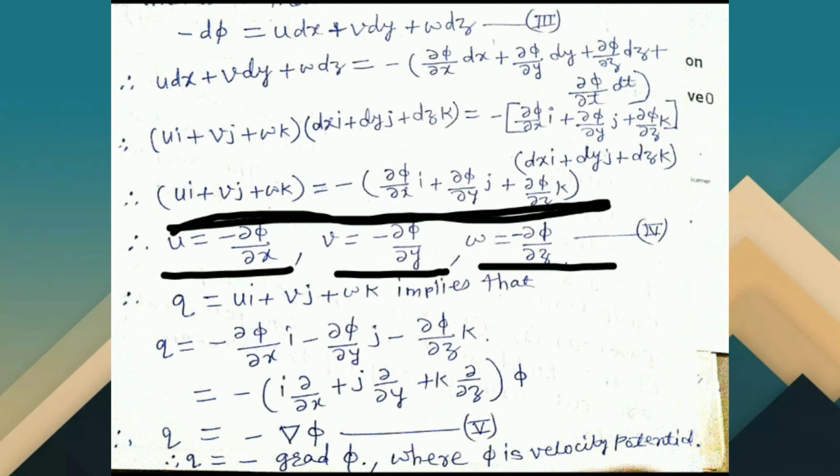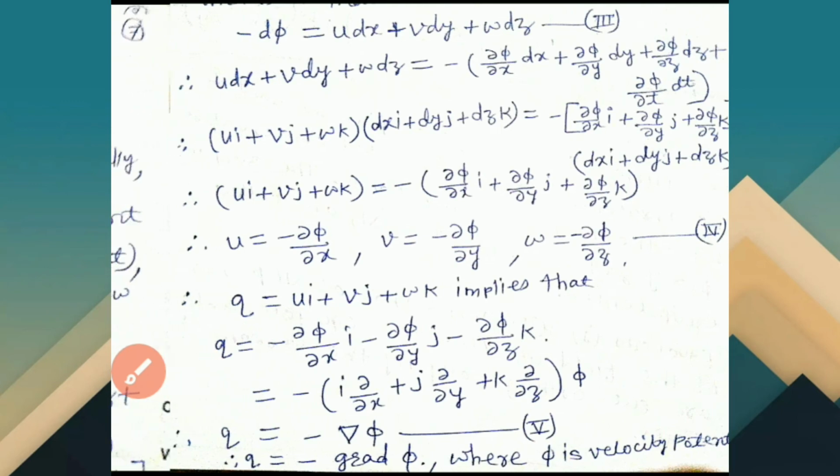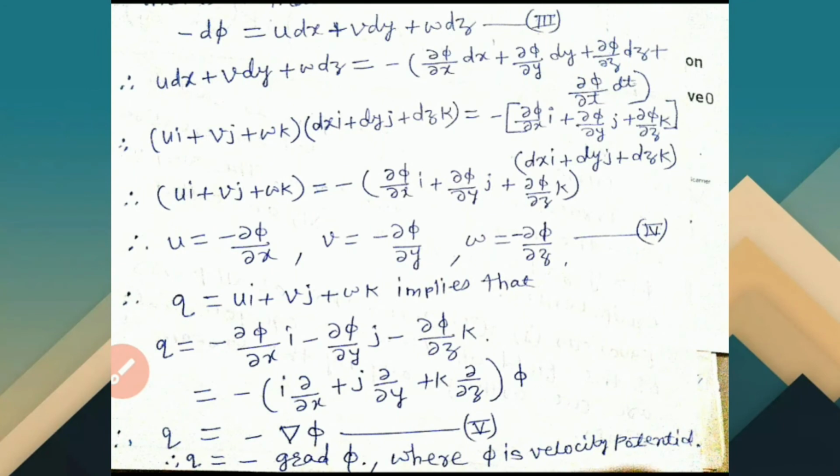So we have q is equal to ui plus vj plus wk. So this implies that u is equal to minus dou phi by dou x, v is equal to minus dou phi by dou y, and w is equal to minus dou phi by dou z.